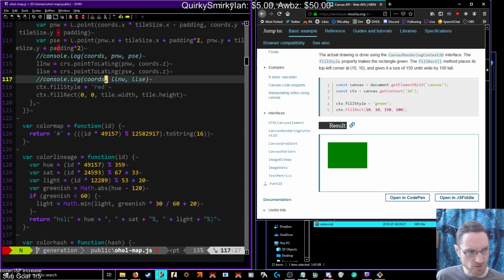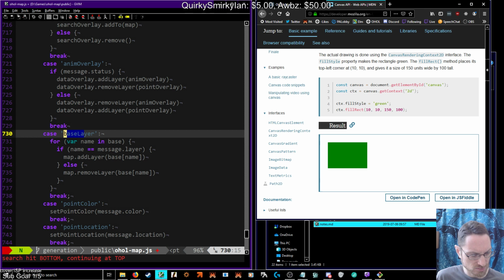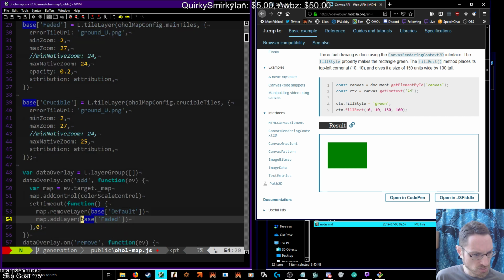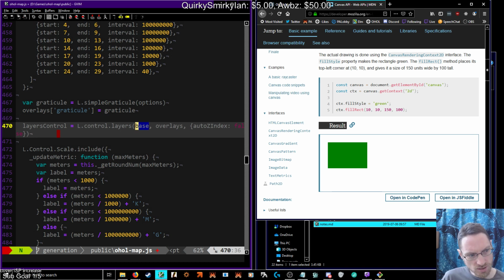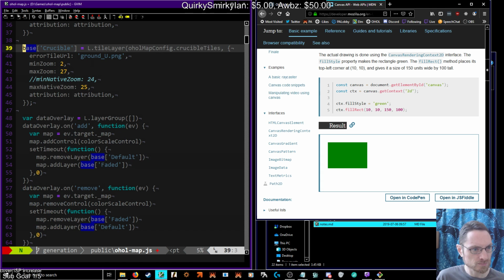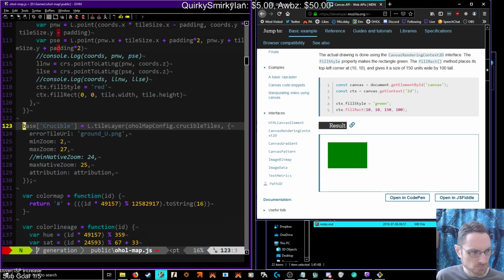So I guess we want to call this another base layer. I might be able to do that. Let's see, base, base, base. But these won't exist yet. We're just going to call this a dummy for now.